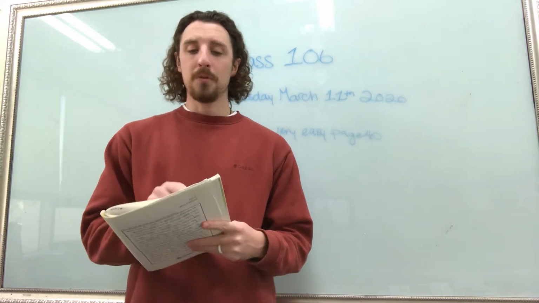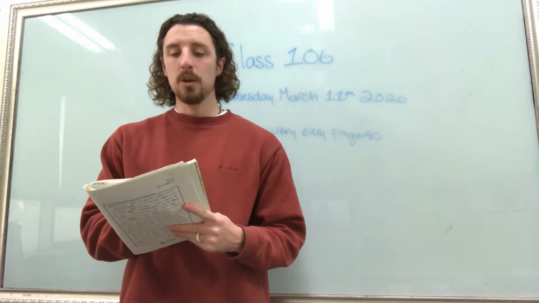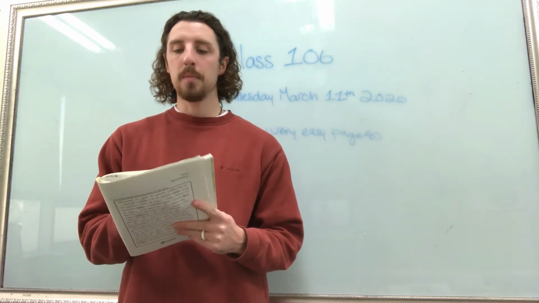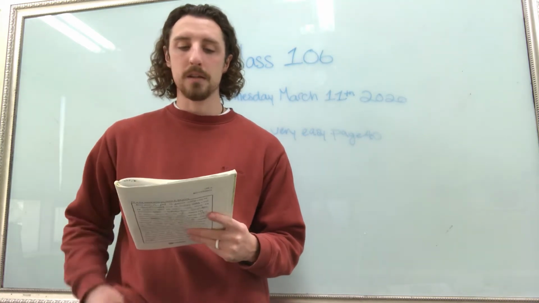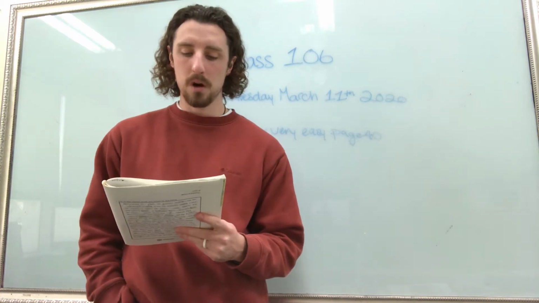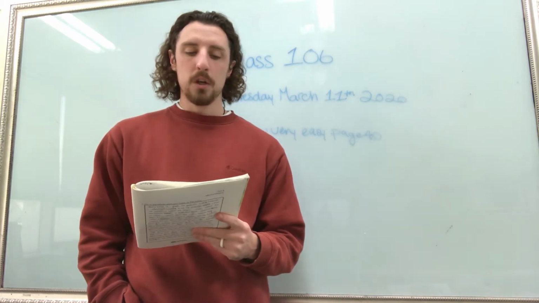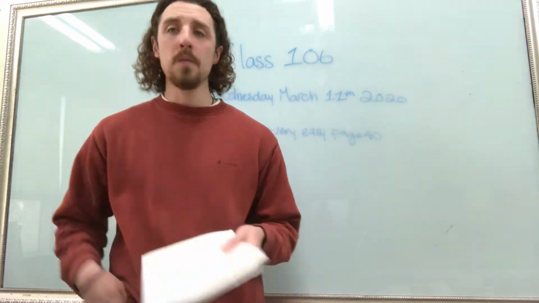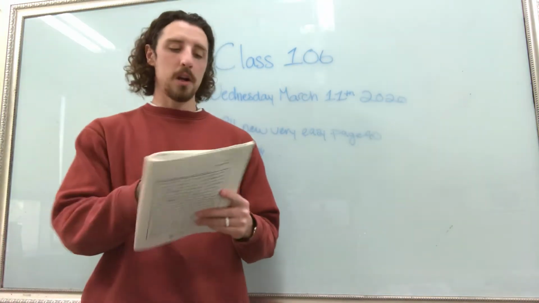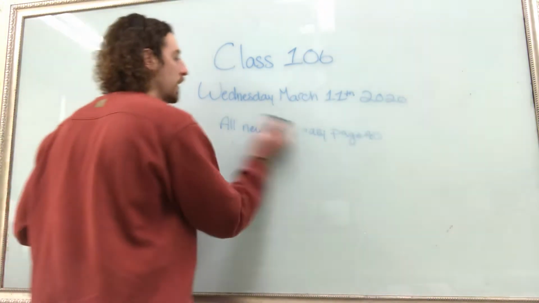For number 4, it says, use the words to fill in the blanks. It is necessary to change the form of the word. I'll do number 1 with you, but then after I want you to try and do the rest by yourself, okay?